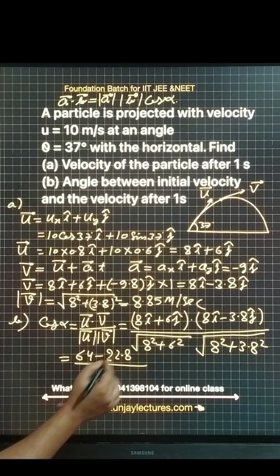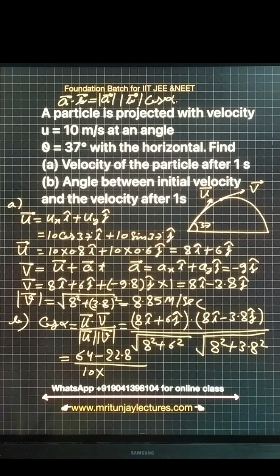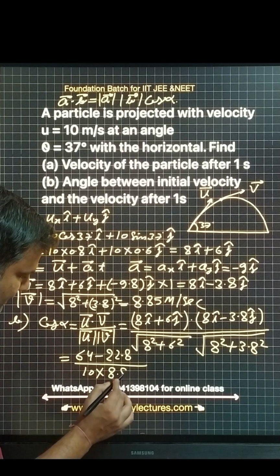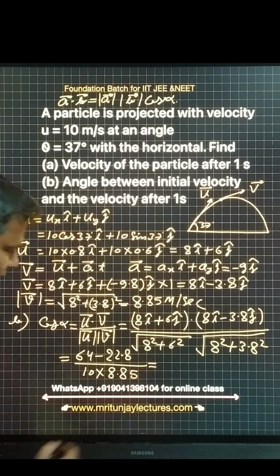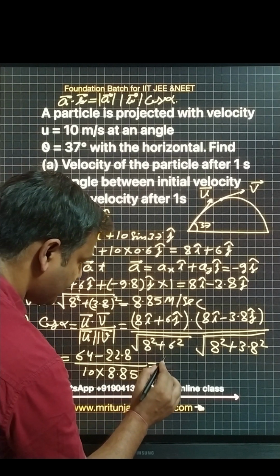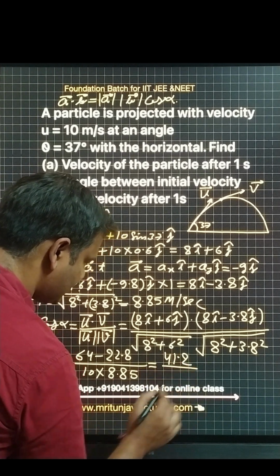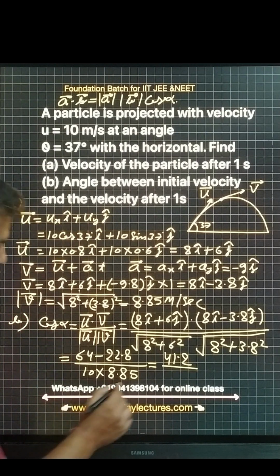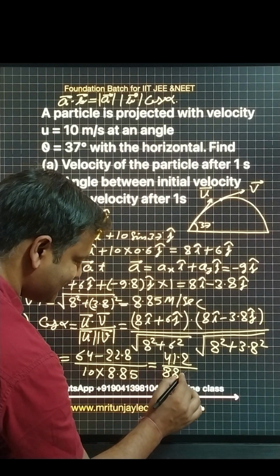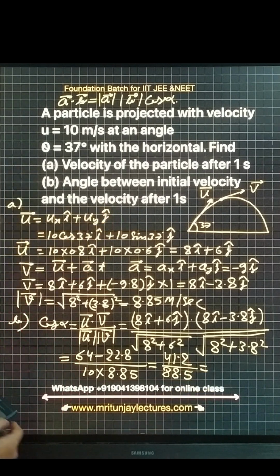Divided by that one, which is 10, and that value is 8.85. So 64 minus 22.8 is 41.2, divided by 8.85.